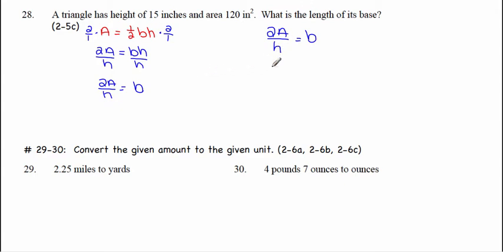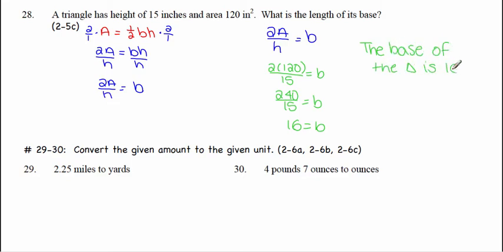So my area is 120. My height is 15. Simplifying this, I have 240 over 15. My base is 16. The base of the triangle is 16 inches.